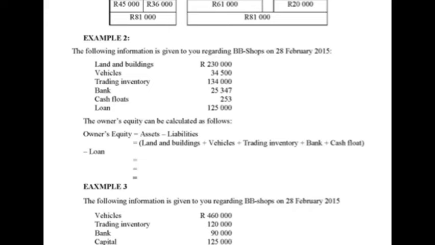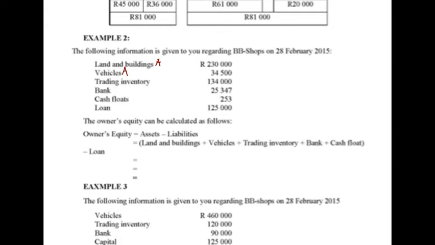Let's try example number 2. The following information is given to you regarding BB Shops on the 28th of February 2015. Again, if we classify our accounts first, it makes our life so much easier. Land and buildings, that is buildings that belongs to the business, therefore it's an asset. Vehicles belongs to the business, therefore it's an asset.